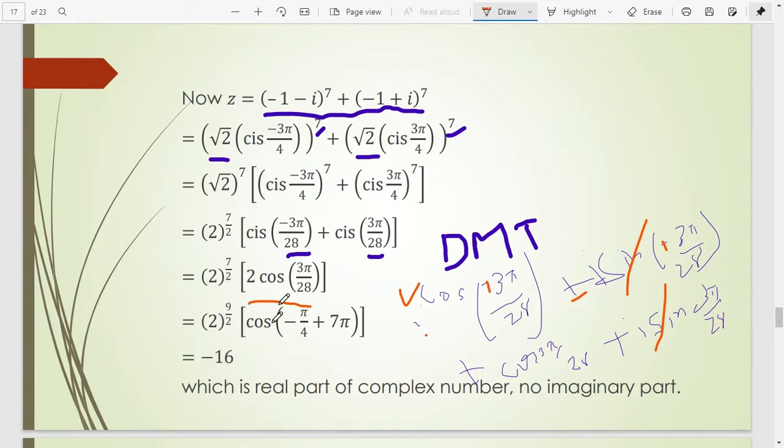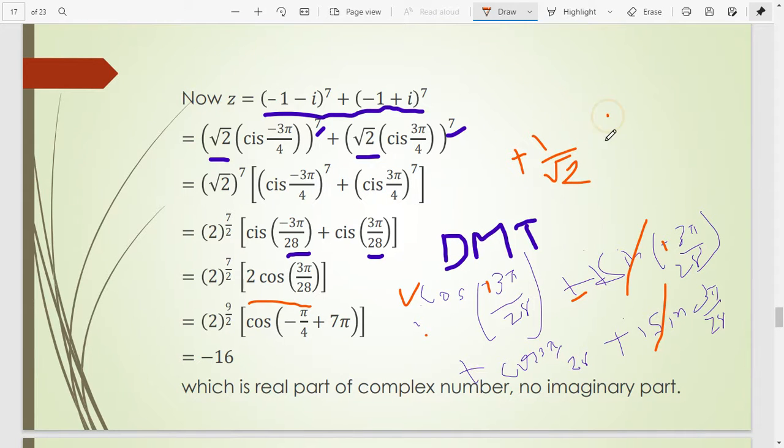So this is equal to, cos is an even function, so cos pi by 4, and cos pi by 4 is equal to, sorry, plus 1 upon under root 2.